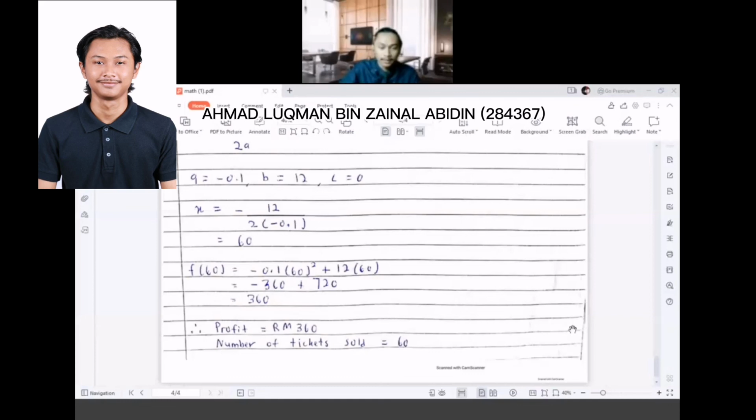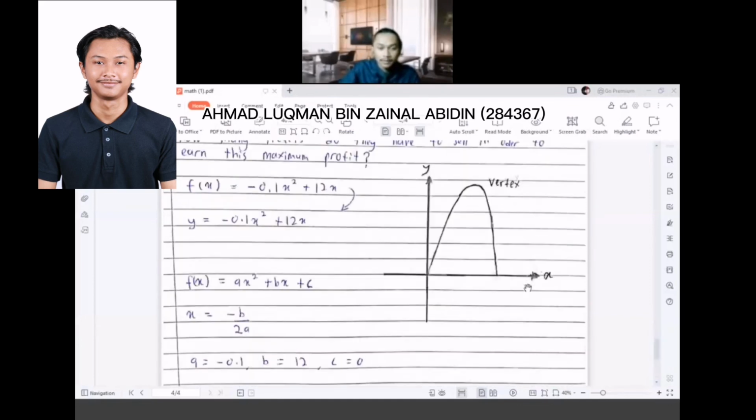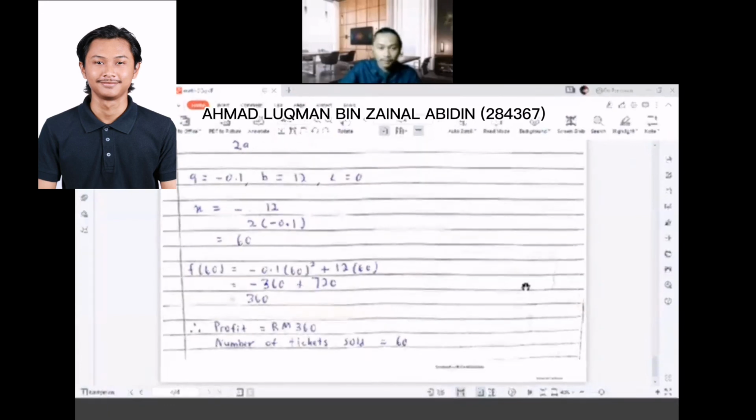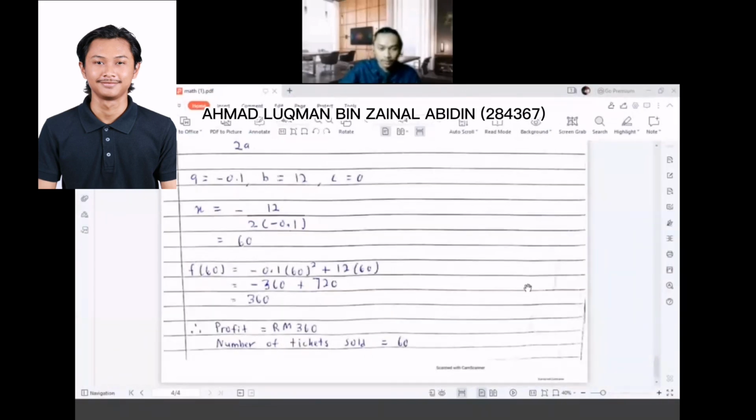This looks like the graph below. Using the same reasoning as above, we find that the maximum profit is P equals $360 for x equals 60, which is the number of tickets sold.